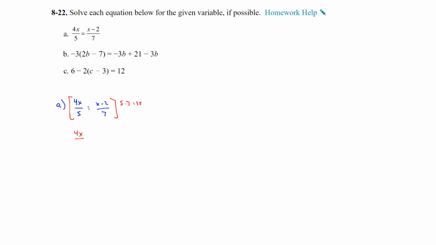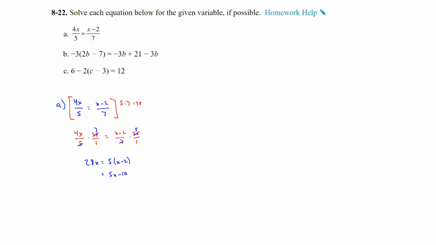So this will be 4x over 5 times 35 over 1 is equal to x minus 2 over 7 times 35 over 1. So the 5 cancels with the 35 to give you 7 times 4x, and that's 28x. And then the 7 and the 35 cancel on the other side to give you 5, and that'll be 5 times the quantity of x minus 2.